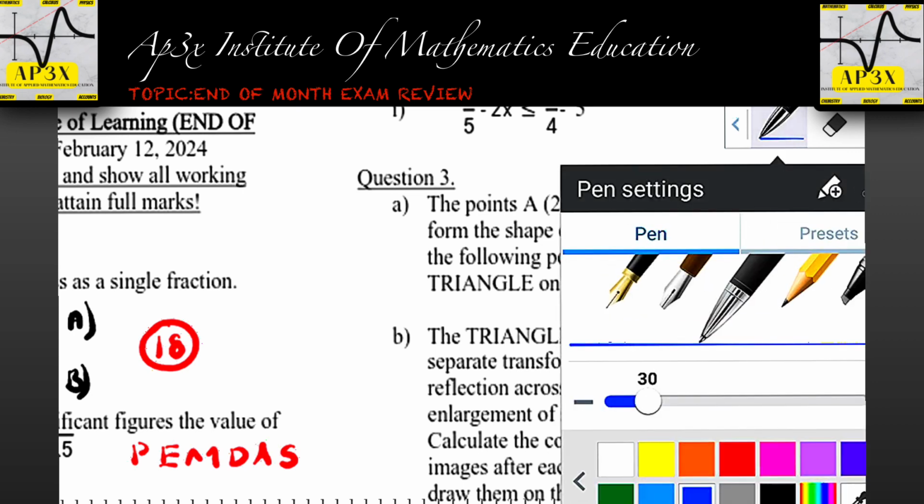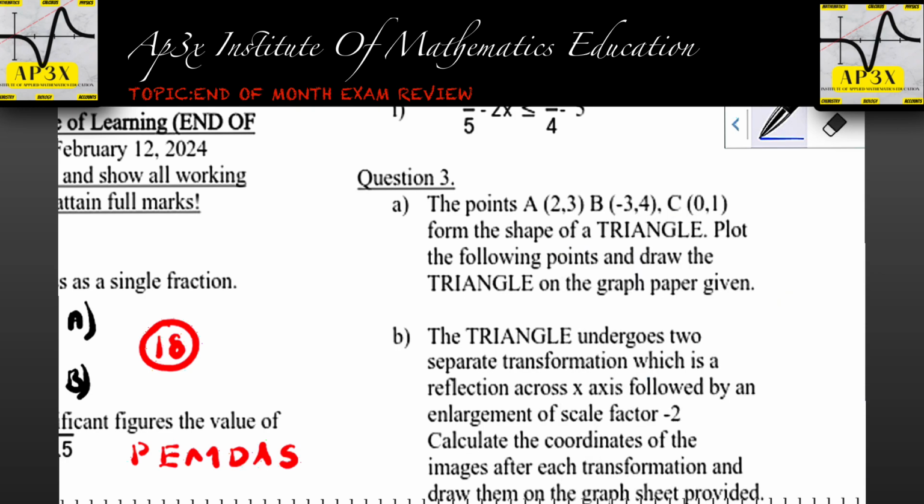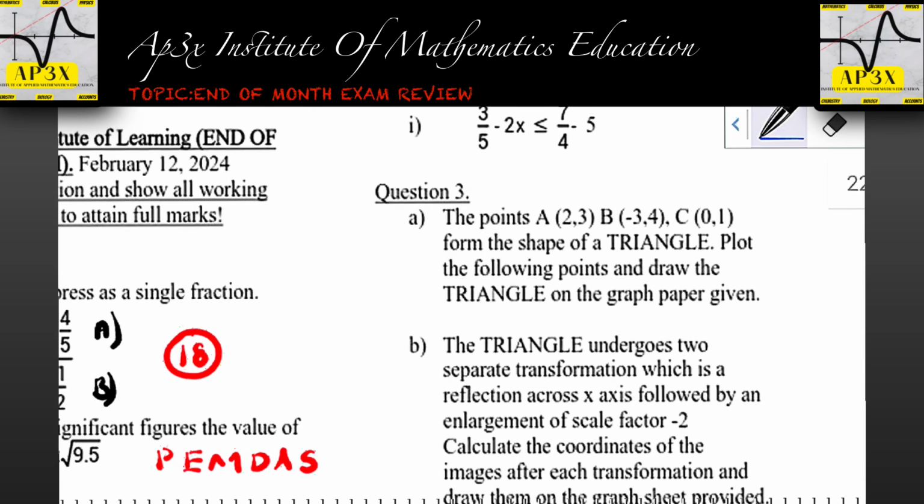Many students, in fact, not just my students upon making this video, but many students are still struggling with plotting points. And again, right here you'll see a pop-up at the top right hand corner of the video, to which you can get a full guide on not only plotting points, but you have a complete guide on the topic of coordinate geometry.